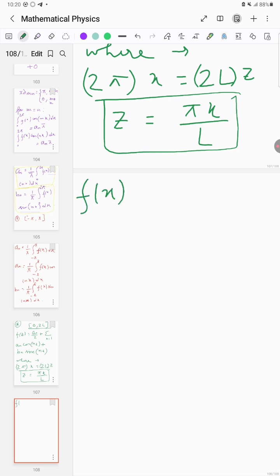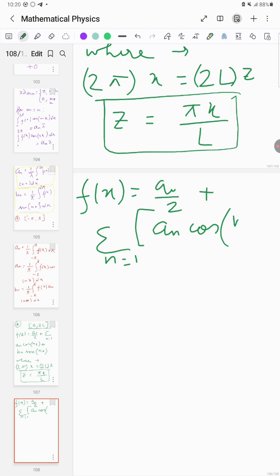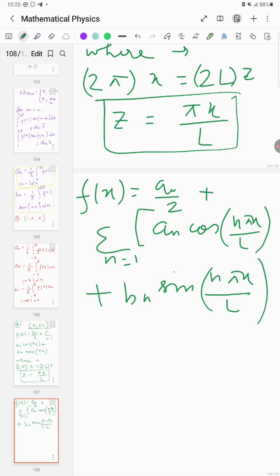It will look like f of x equals a naught by 2 plus summation n equals 1 to infinity, a n cos n pi x by L plus b n sine n pi x by L, and the bracket closes here.